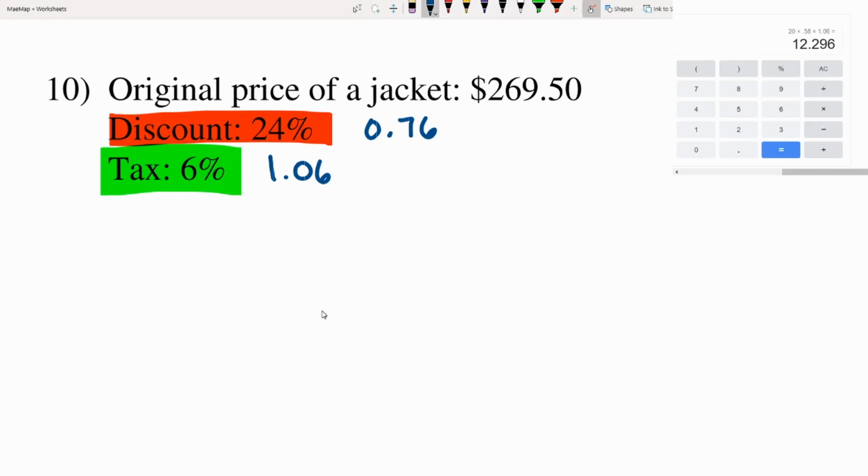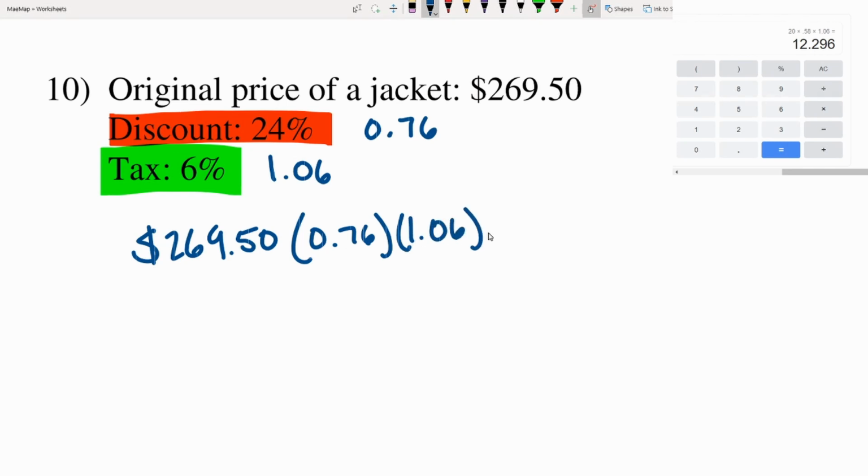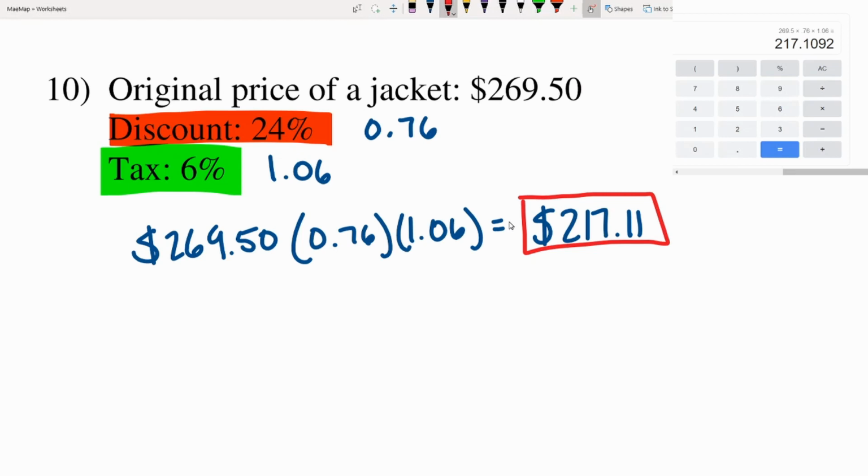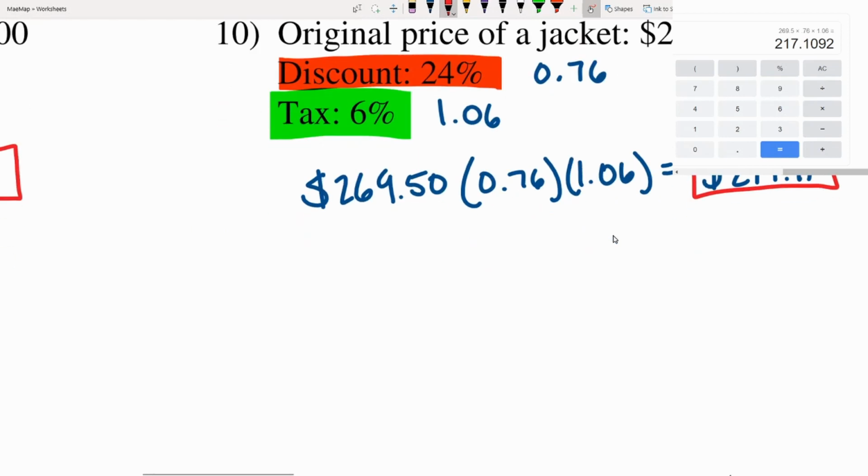So multiplying each of those to $269.50, $269.50 times 0.76 times 1.06, that's going to give us $217.11. That's how much you actually pay for the jacket.